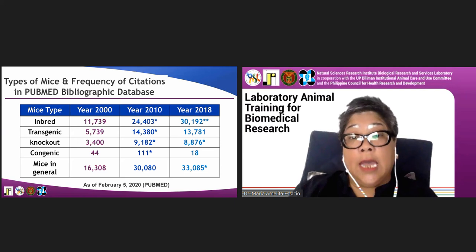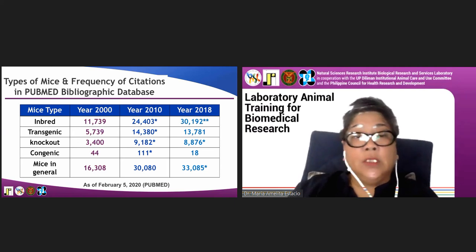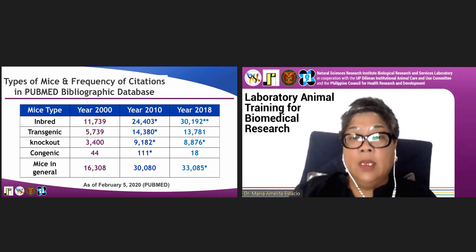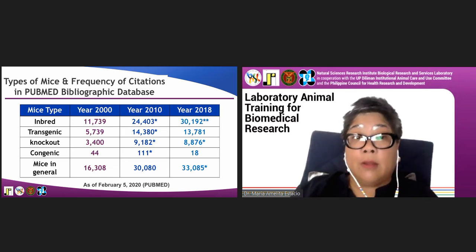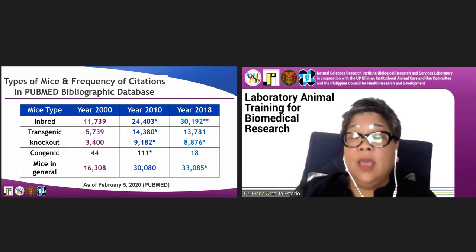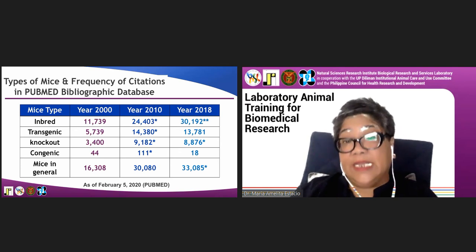And if you look at the types of mice, from inbred, transgenic, knockout, congenic, or mice in general, there's an increasing trend in terms of the publication and the frequency of citation.